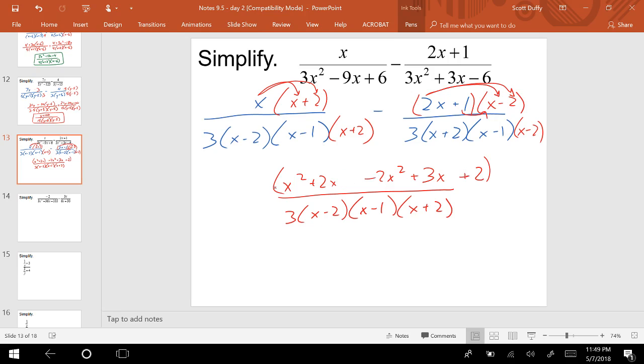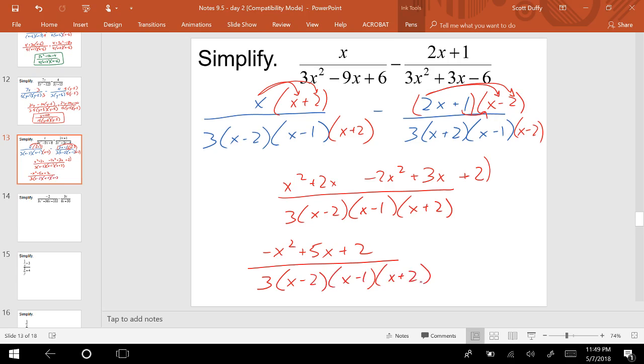So I can get rid of the parentheses and start combining like terms. X squared minus 2x squared is negative x squared. 2x plus 3x is 5x, plus another 2 at the end, all over the denominator of 3 times x minus 2 times x minus 1 times x plus 2.